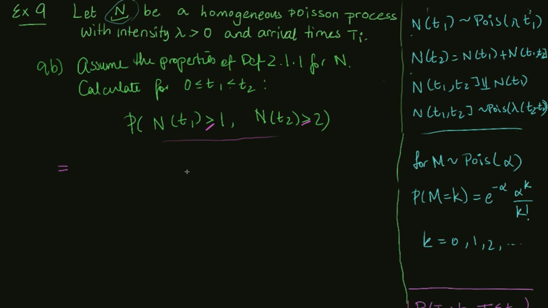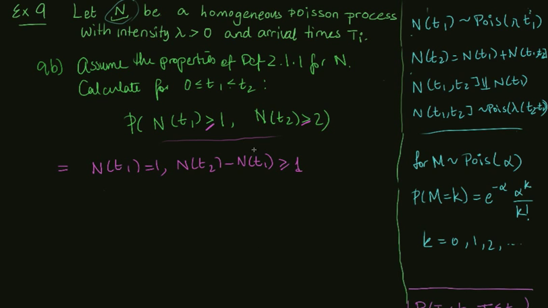Well, let's just think about what happens if N(t1) is equal to 1. Well, if N(t1) is equal to 1, then N(t2) is only greater than or equal to 2 if N(t2) minus N(t1) is greater than or equal to 1, right?